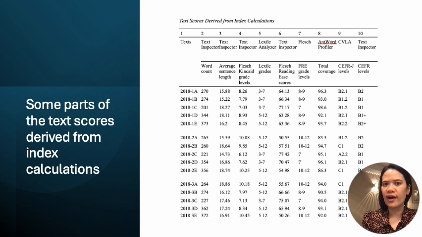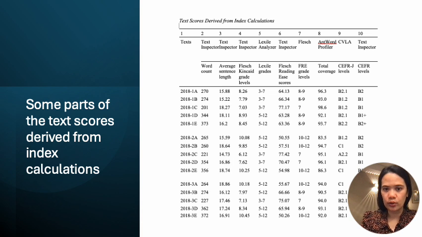Each test includes 5 passages, which I have labeled A, B, C, D, and E. In the second column, you can see the word counts of the texts, followed by the average sentence lengths, then Flesch Kincaid grade levels, followed by Lexile grades, and then Flesch reading ease scores, and next to them Flesch reading ease grade levels, total coverage, and then CVLA's CFRJ level assignment, and Text Inspector's CFR levels. Let me explain each score.